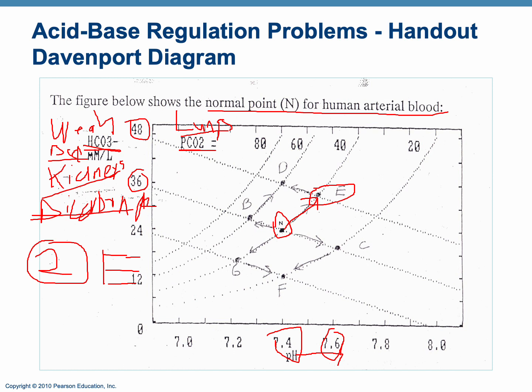So letter E is representing the acid-base state known as metabolic alkalosis. So metabolic alkalosis.